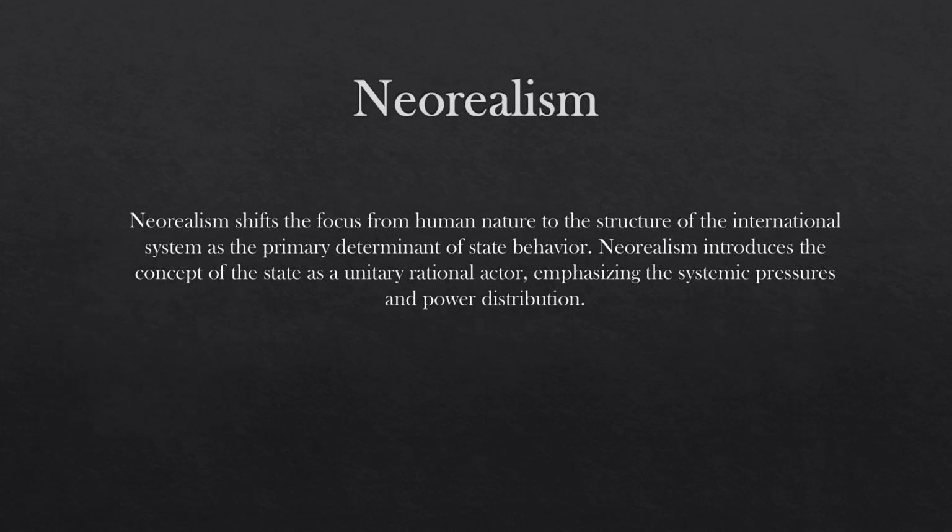So, if the starting point of political realism is the inherent flaws in human nature, neorealists emphasize the international system and consider the features of the system as determinants of international politics. Neorealism introduces the concept of the state as a unitary rational actor, emphasizing the systemic pressures and power distribution.